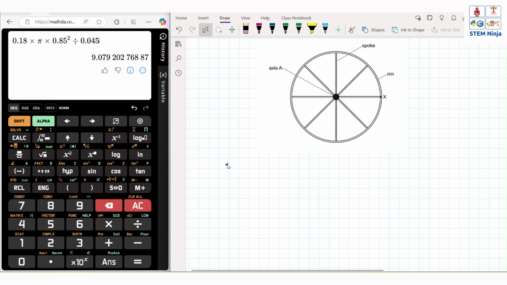The first thing is the difference between EMF and potential difference.